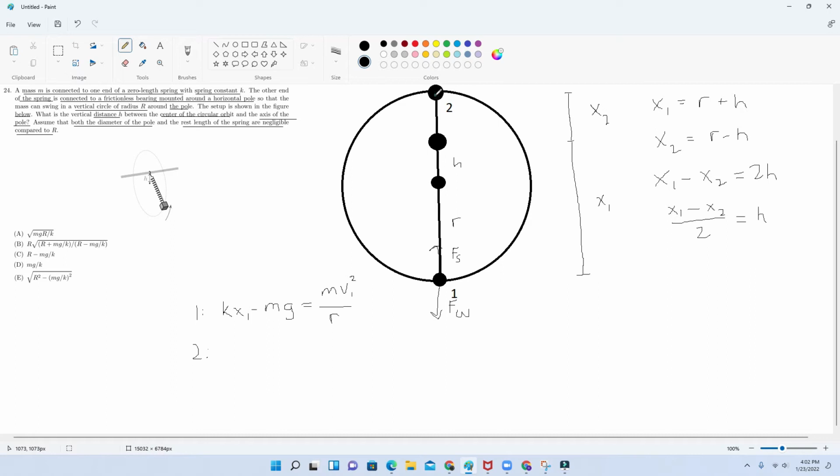We see in this case our spring force and our gravity point in the same direction.